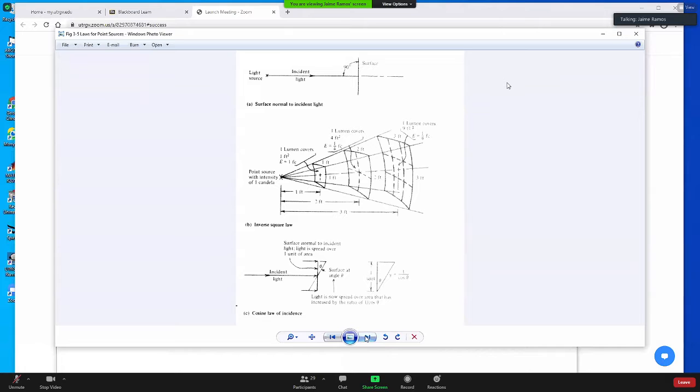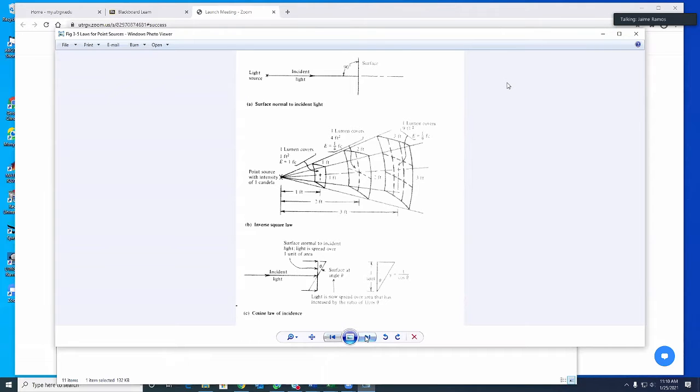Now, in this graph, we are looking at the same lumen emitted from the source through one steradian. So the flux is one lumen.